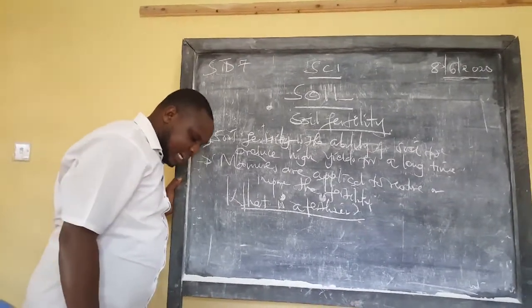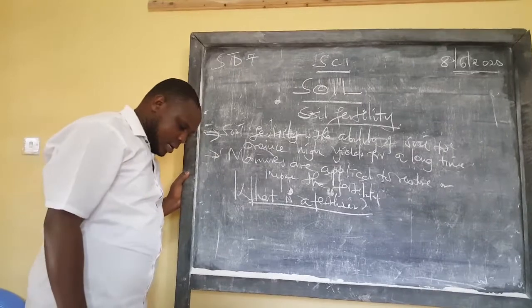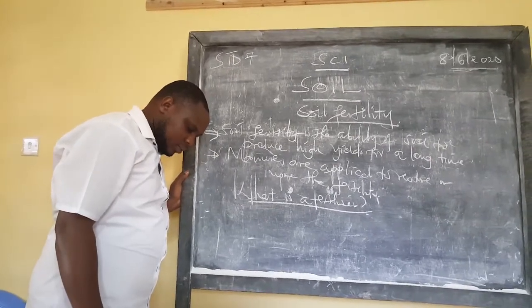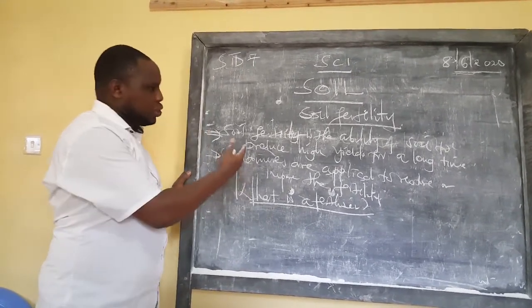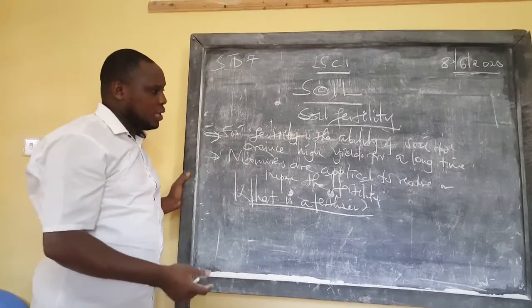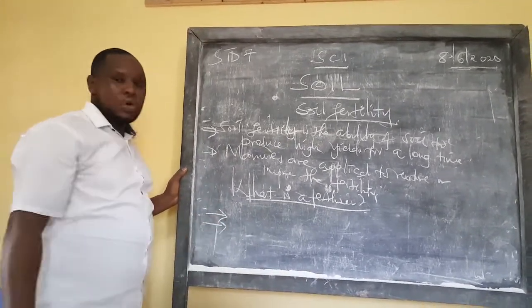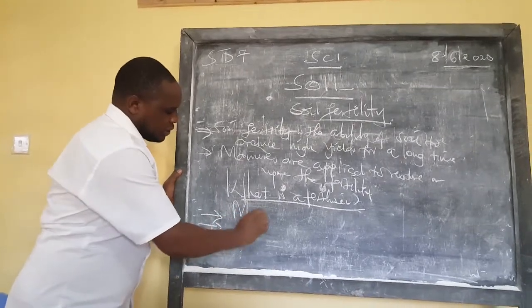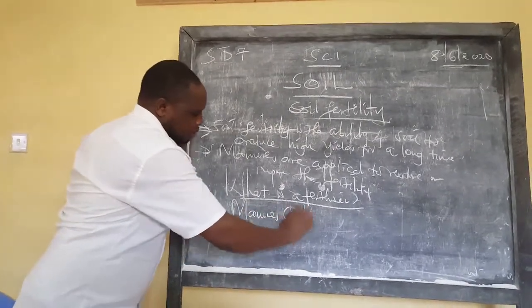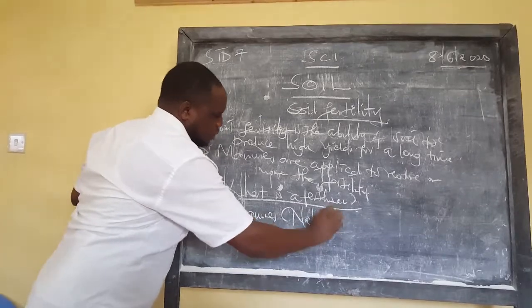And we say fertilizers are grouped, are these what we are talking about here that improve soil fertility, and they are grouped into 2. Fertilizers are grouped into 2, what we call manures. We call them natural fertilizers.